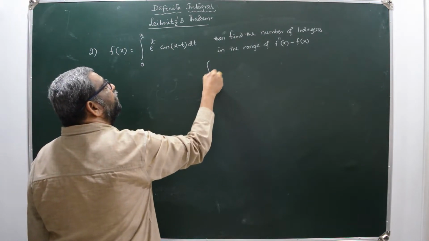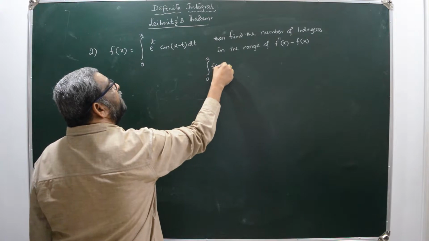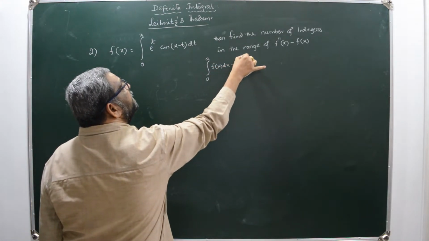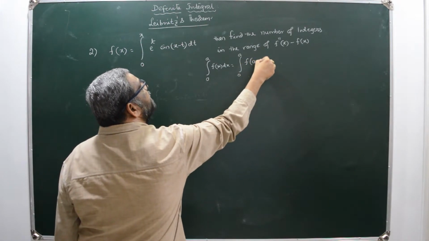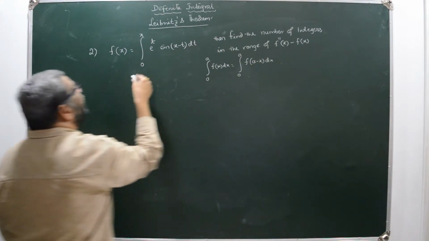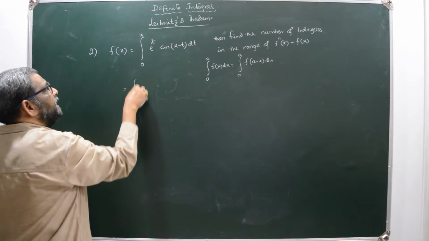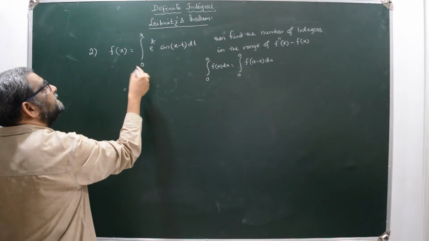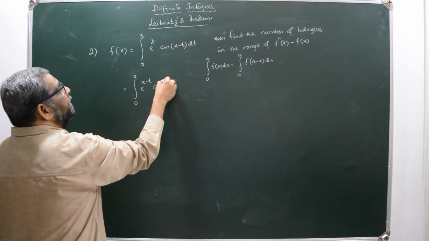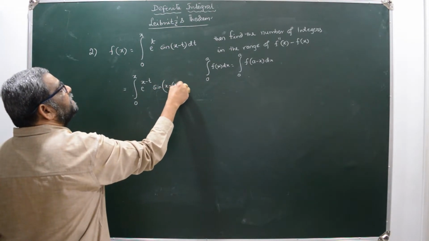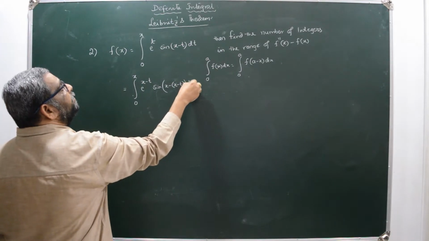Integral 0 to a f(x) dx is equal to integral 0 to a f(a minus x) dx. Now here this can be written as integral 0 to x e^(x minus t) sin(x minus t) dt.